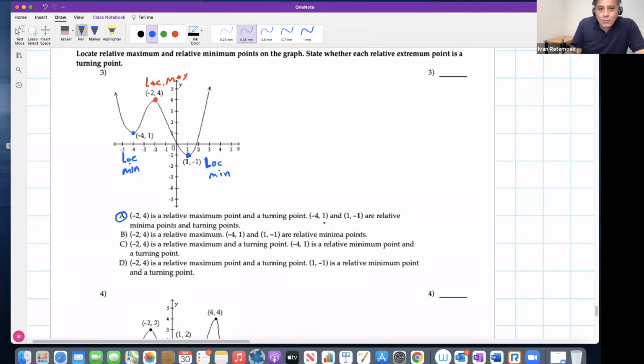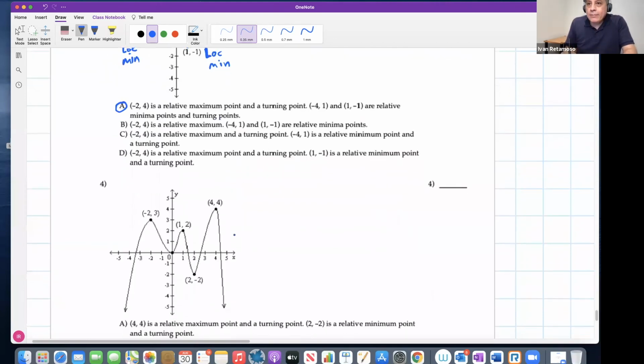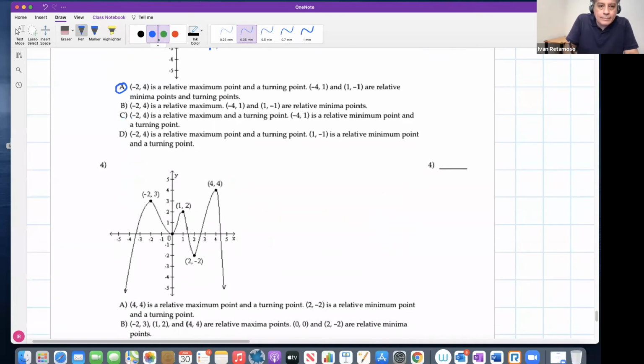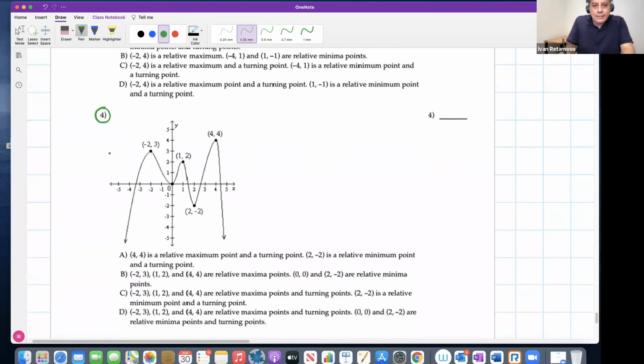Negative 4,1, which is here, and 1,-1 are relative minima points and turning points, right? Remember, minima is the plural of minimum. So they are relative minima points and turning points. Very good. Can you try this to finish up? They're easy, guys. You just have to follow. Figure this out.